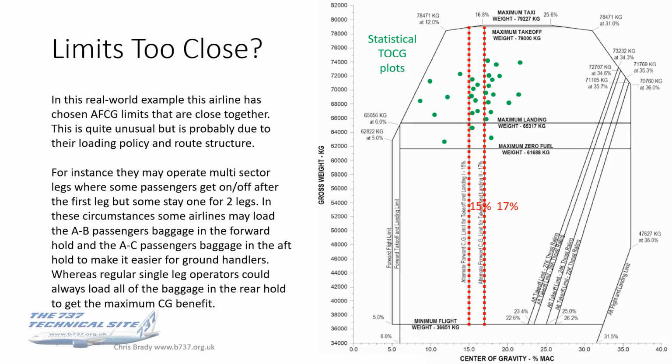For instance, they may operate multi-sector legs where some passengers get on or off after the first leg, and some passengers stay on for 2 legs. So, kind of hub and spoke thing. In these circumstances, some airlines may load the point A to B passengers' baggage in the forward hold, and those passengers that are going all the way through, A, B, C, baggage in the aft hold, and that's just to make it easier for the ground handlers to load and unload the baggage.